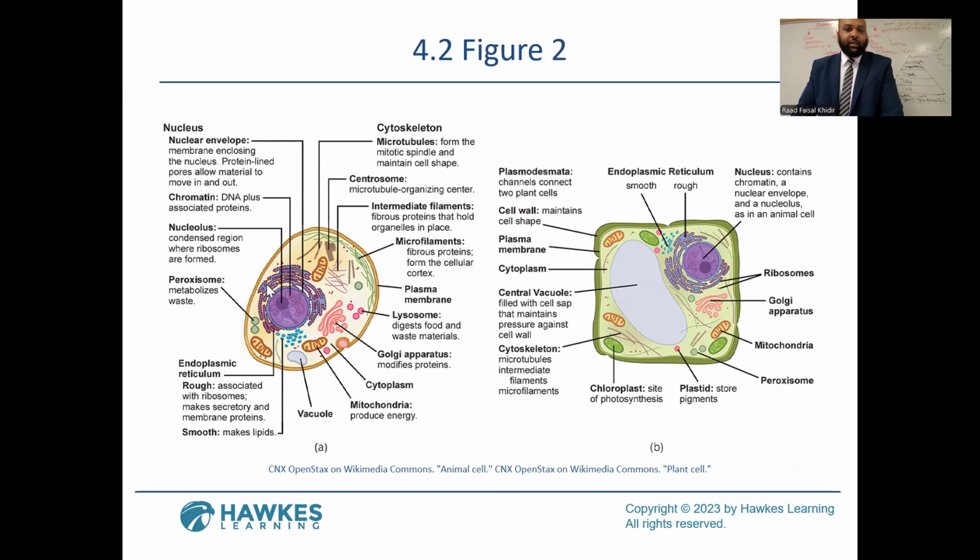There's chromatin inside the nucleus, where DNA and associated proteins make up the chromatin. And then you have the nucleolus. The nucleolus is a condensed region where ribosomes are formed. That's a special place inside the nucleus where we make the ribosomes.